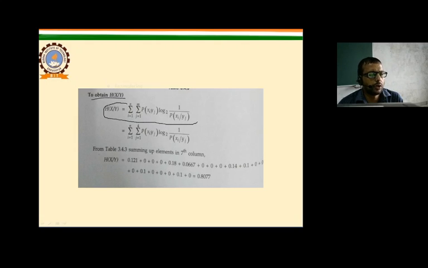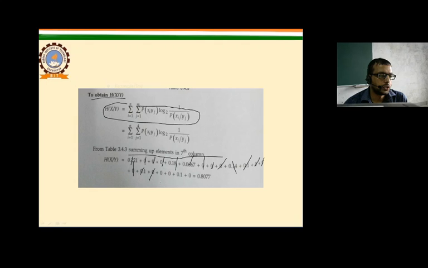Now to obtain the conditional entropy H(X|Y), this represents the 7th column. Already by using the formula, this formula is simply summing the elements in the 7th column. I told you that in the table you have made, in the 7th column, if you add all the elements then we get this one. I think there will be 20 elements, 1, 2, 3, 4, 5, 6, 7, 8, 9, 10, 11, 12, 13, then 14, 15, 16, 17, 18, 19 and 20.